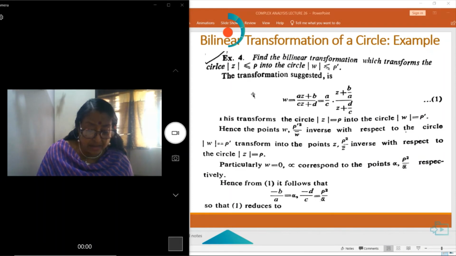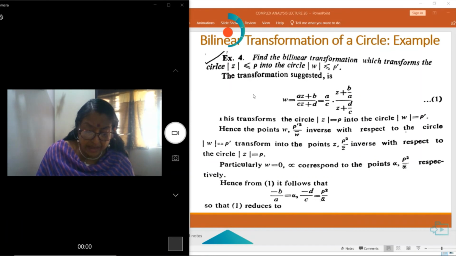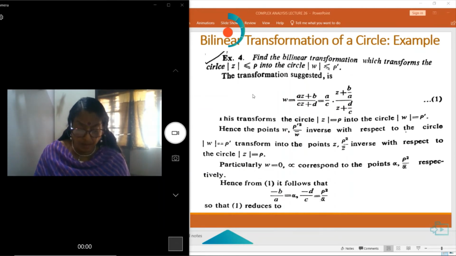Here in the z plane it is |z| equal to rho, into the circle |w| equal to rho dash. The inverse points w and rho dash squared by w bar, inverse points with respect to the circle |w| equal to rho dash, transform to the points z and rho squared by z bar, inverse points with respect to |z| equal to rho.